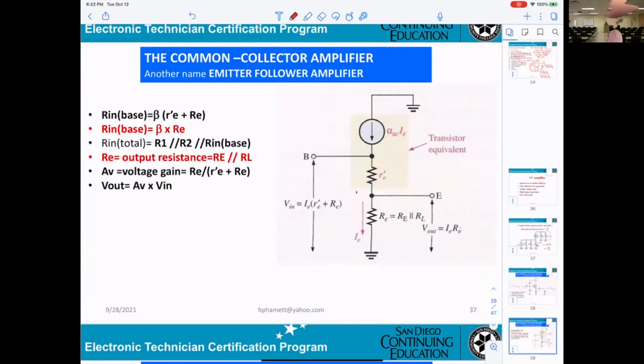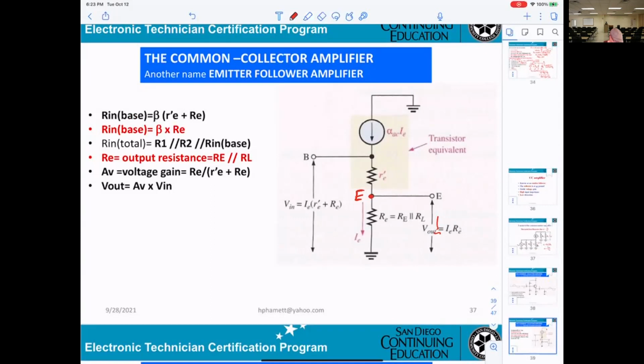This will go into the output, and you get the load RL. And that will be RE. Basically, this has to be R big E. That's the thing you know by heart.